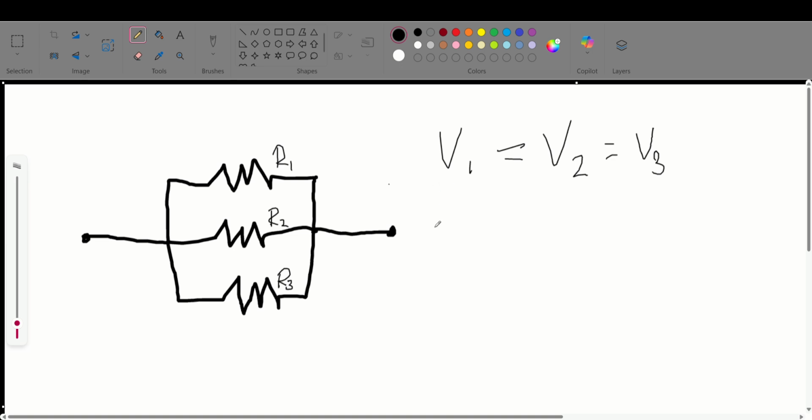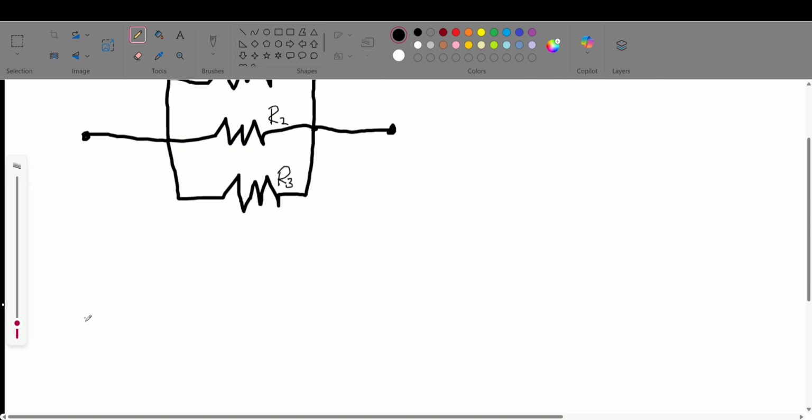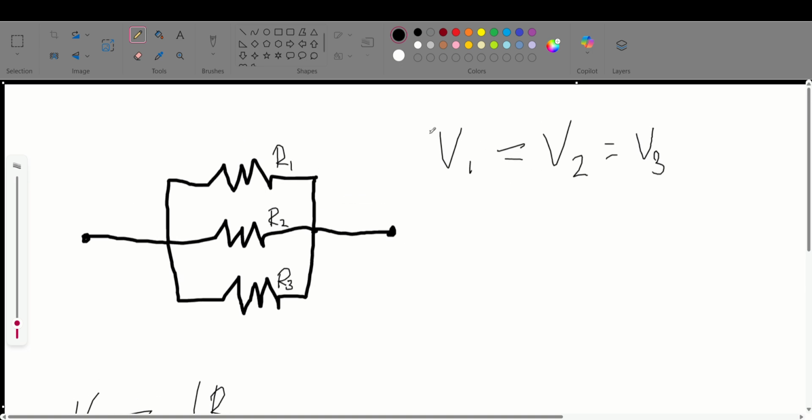So Ohm's law tells us that V is equal to IR, right? So now we have a relation between all 3 potential differences. Now let's establish a relationship between all 3 currents.